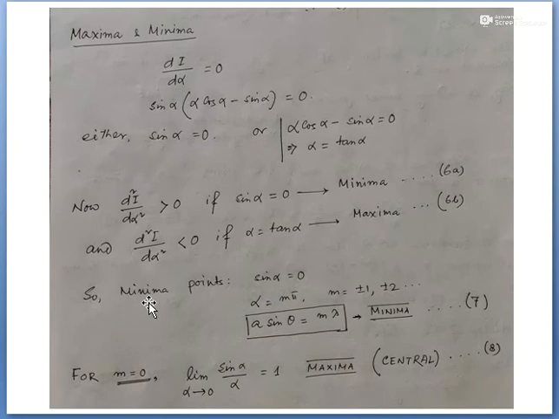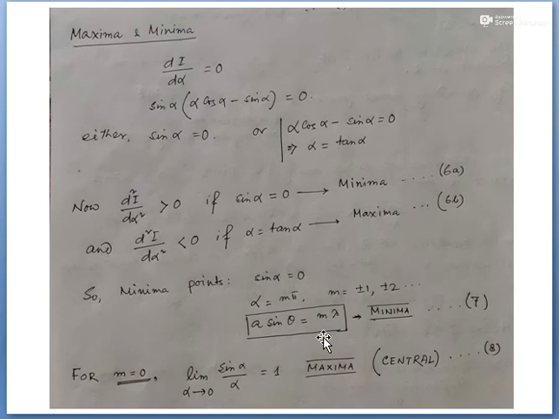So for the minima condition, except alpha equal to 0, I take any integer value of m, and alpha equals m pi. As alpha equals pi a sine theta by lambda, a sine theta equals m lambda. So sine theta equals m lambda by a. That is the condition of minima.